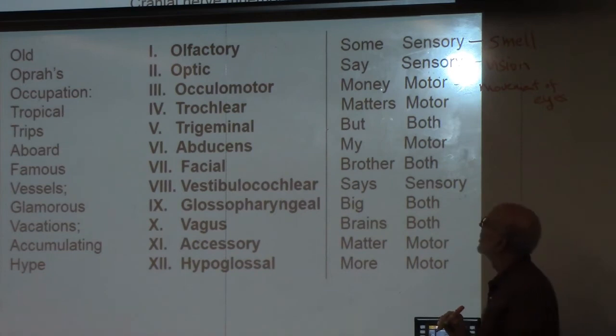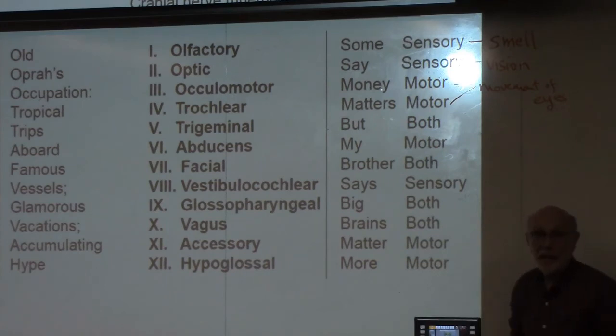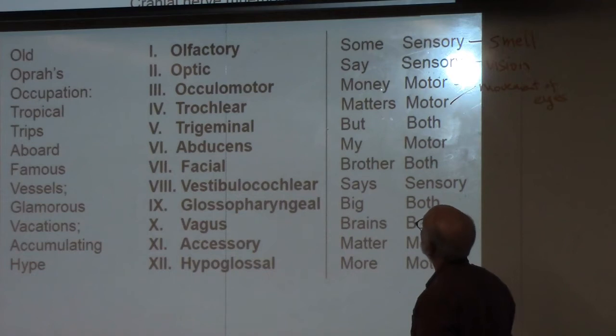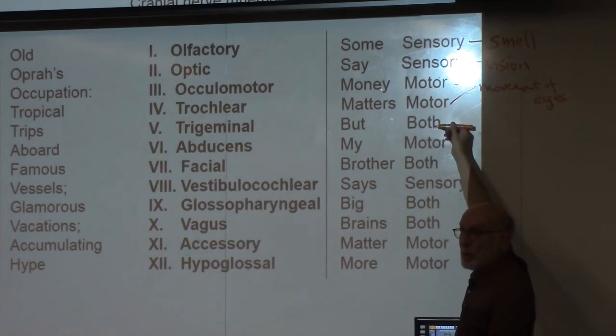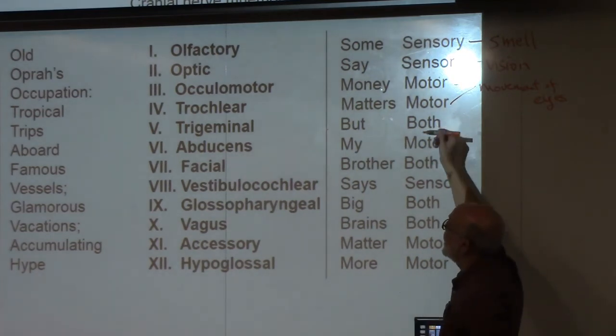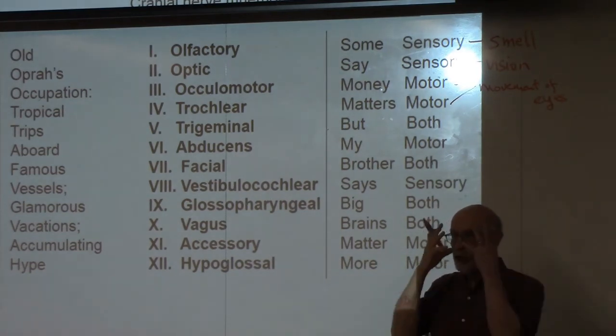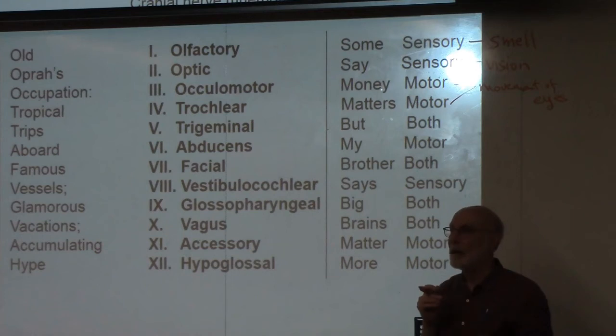Trochlear. Motor. Movement of the eyes. Trigeminal. Both motor and sensory. The trigeminal nerve carries sensory information from the jaw to the brain and it controls muscles of chewing and speaking.